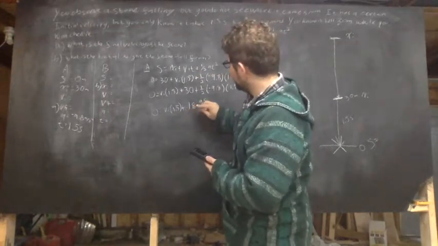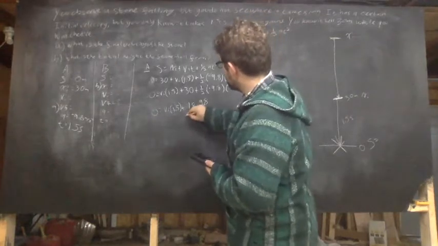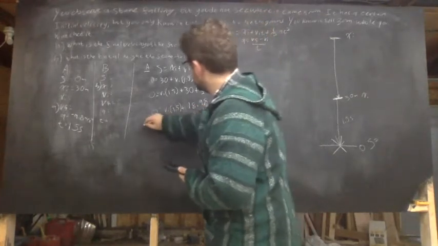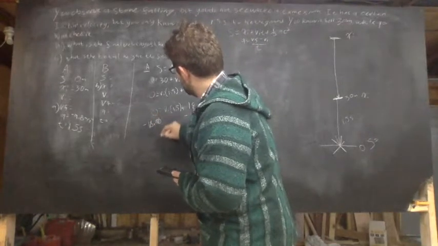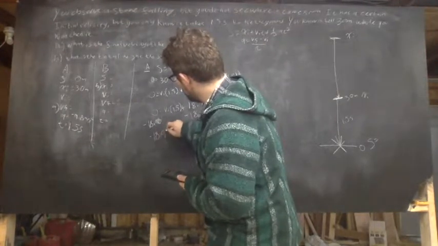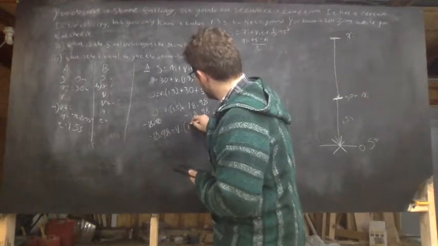Now, I need to get the 18.98 over to this side, so I need to subtract it from both sides. That's going to give me negative 18.98 equals VI times 1.5.